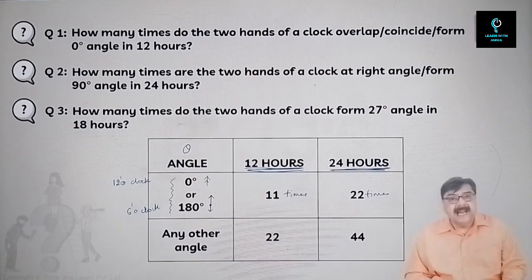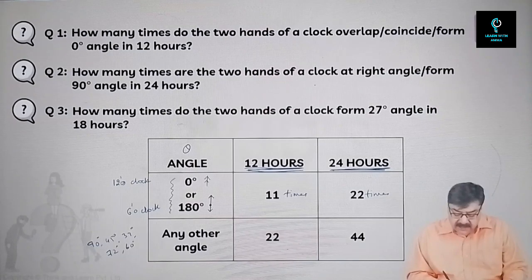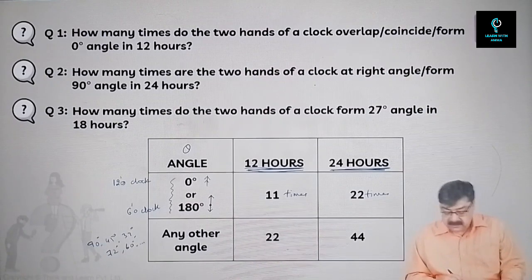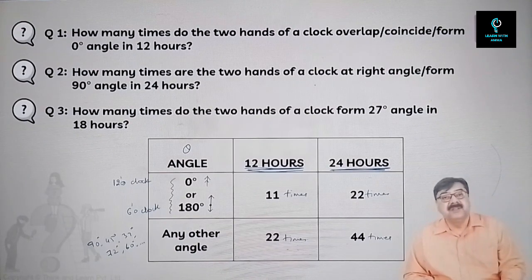Any other angle, be it 90 degrees, 45 degrees, 33 degrees, 72 degrees, 60 degrees, whatever may be the other angle, is formed between the two hands of a clock 22 times in 12 hours, which means 44 times in 24 hours.